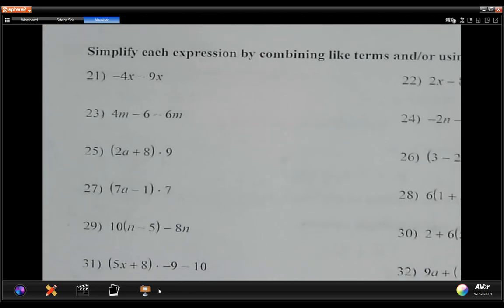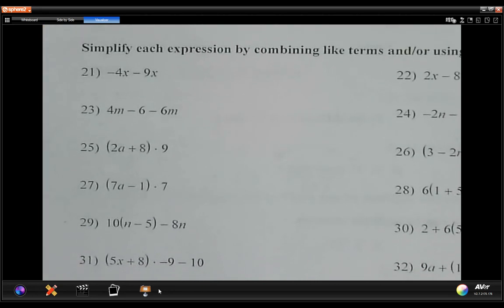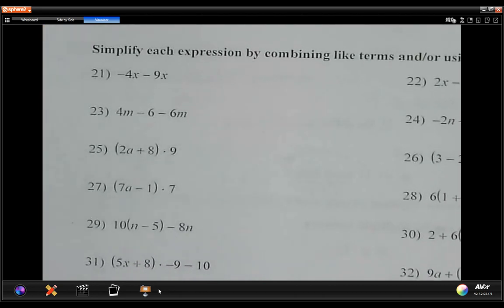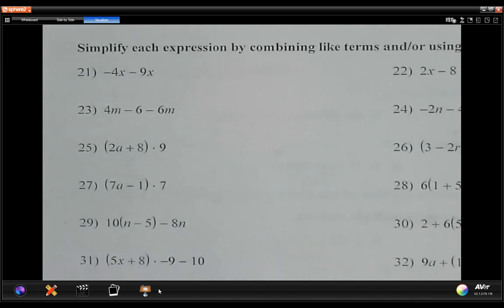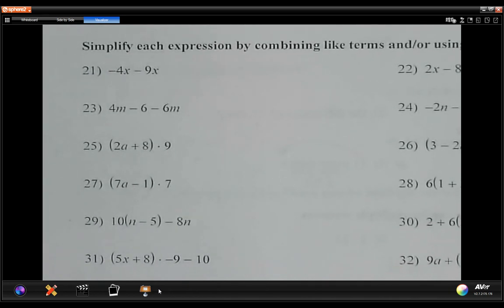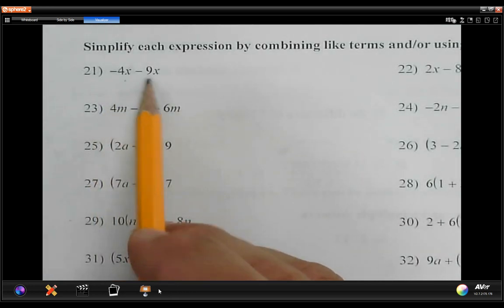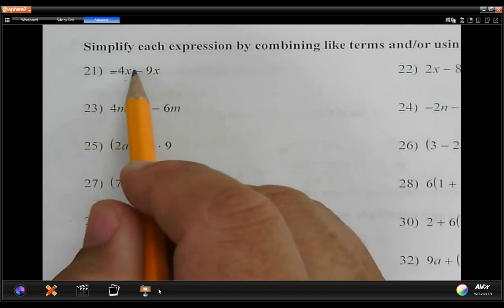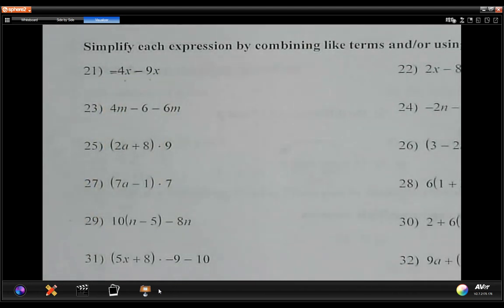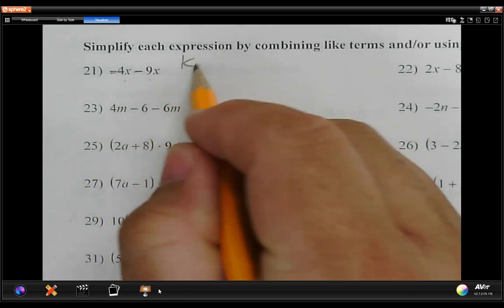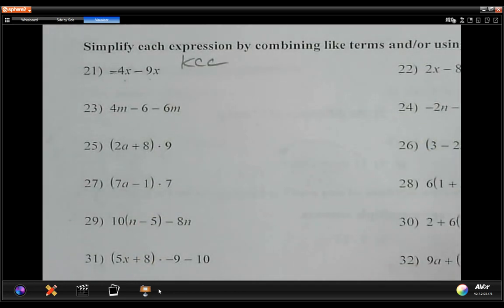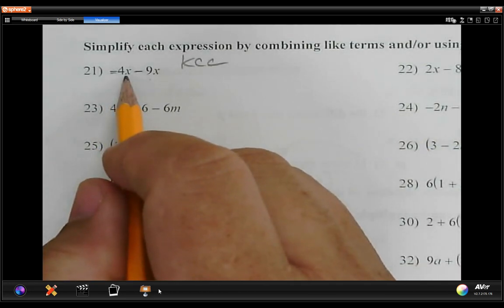It says simplify each expression by combining like terms and/or using the distributive property. So again, it can only be like terms if it's the same variable raised to the same power. So I've got negative 4x minus 9x. Again, when I've got a negative and a negative, you've been taught, I know, a lot to keep, change. So I'm going to keep the negative 4x.